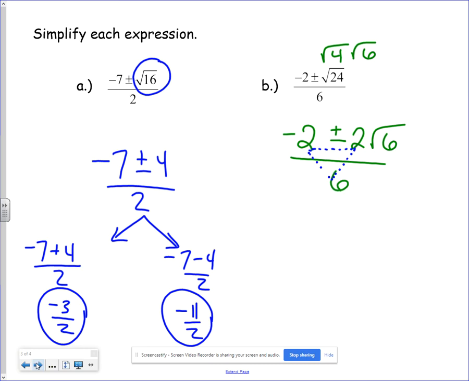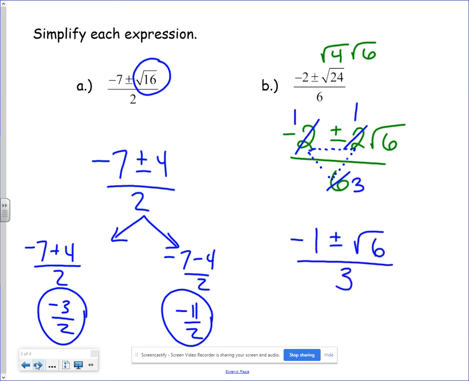What divides into 2, 2, and 6? 2 does. So I can divide these all by 2. So that becomes a 1, that becomes a 1, that will become a 3. So my simplified answer for B would be negative 1 plus or minus 1 square root of 6, which is just the square root of 6, over 3.